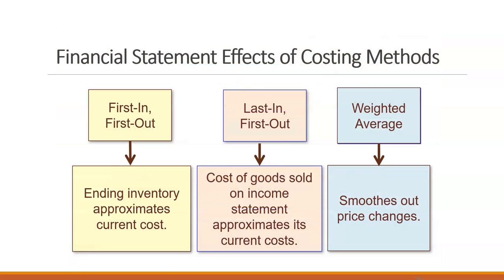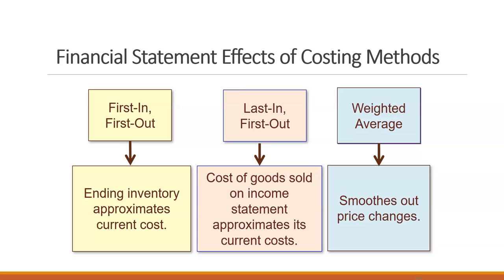When we look at the different costing methods side by side, if we use first in, first out, our ending inventory on the balance sheet shows what the current costs are. If we are using last in, first out, then our cost of goods sold on the income statement shows the most current costs.